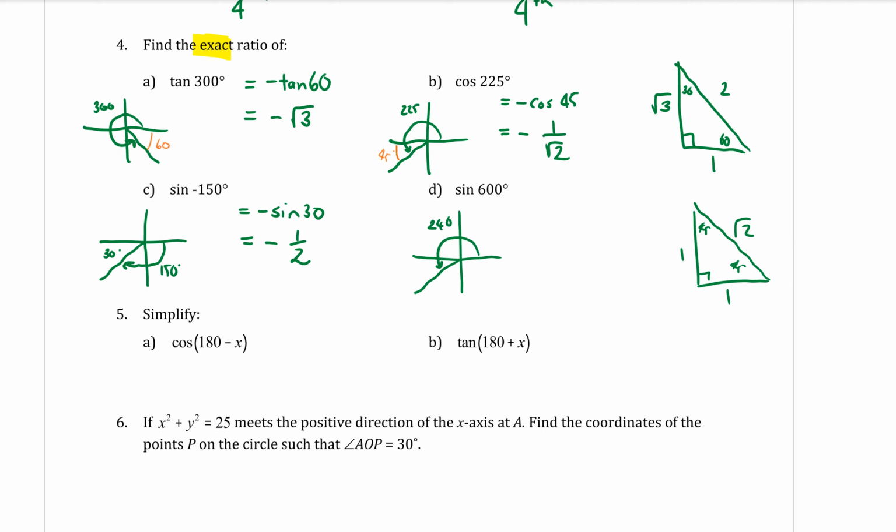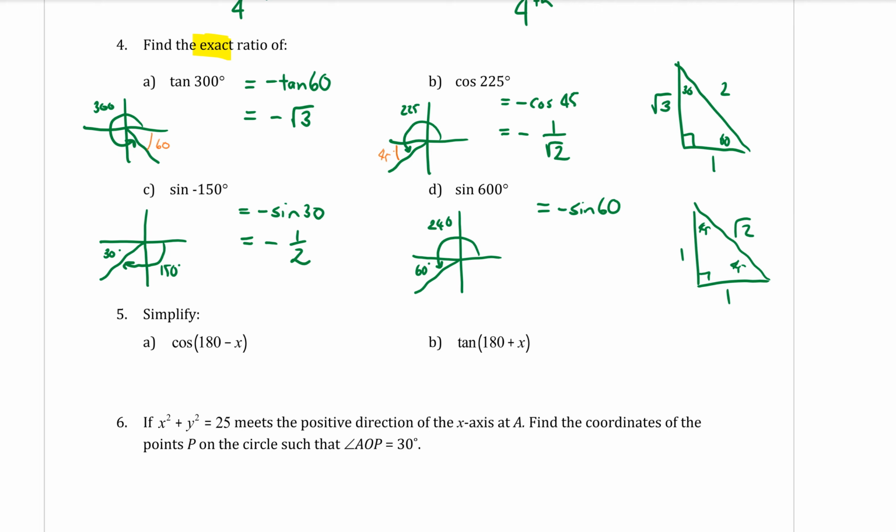Find the acute angle, the reference angle. We do 240 minus 180 would make that 60 degrees. So sine of 600 is equal to sine of 60. Again, we're in the third quadrant, which is the tan quadrant, so that will be negative again.